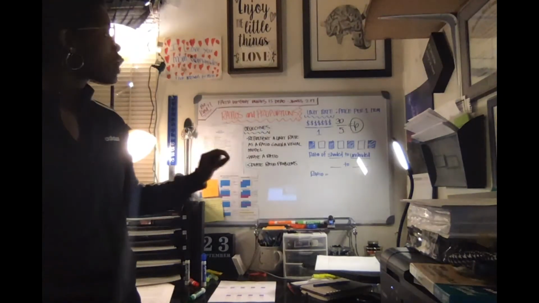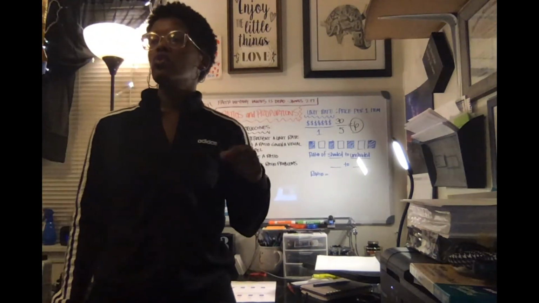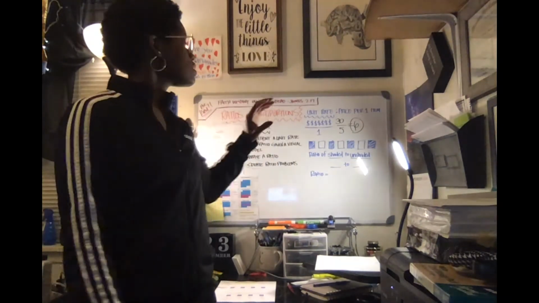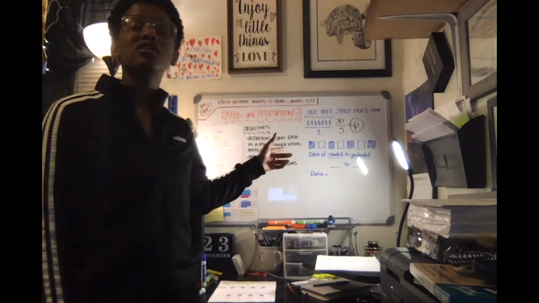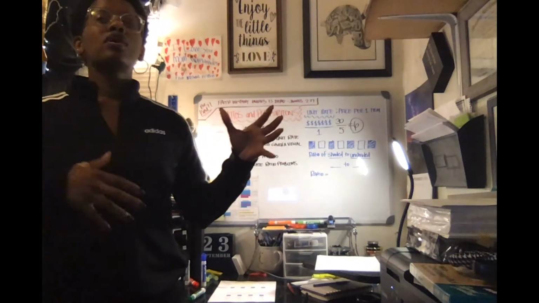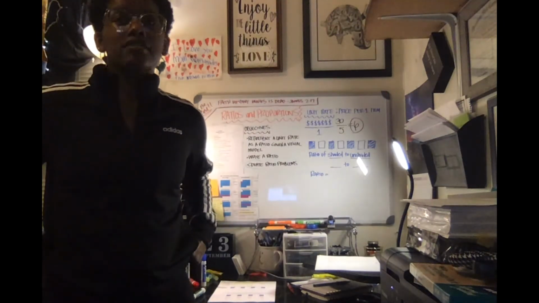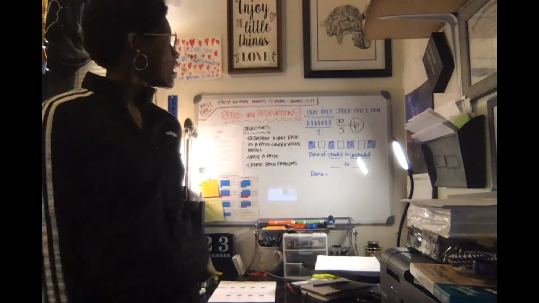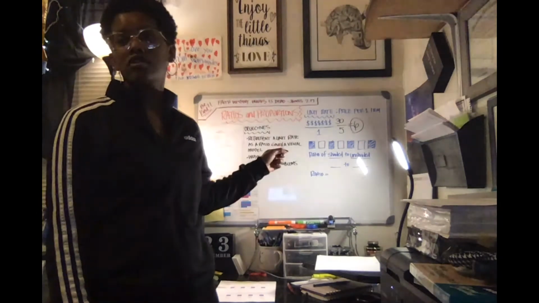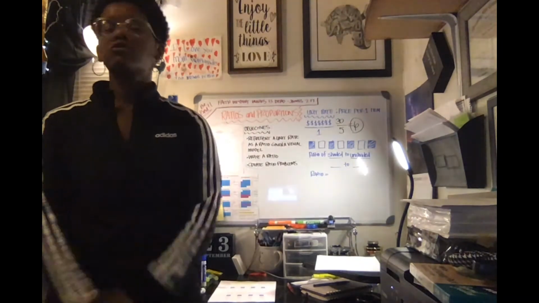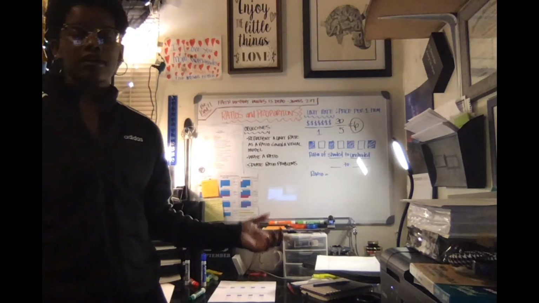The ratio I want us to figure out is the number of shaded squares to the number of unshaded squares. Would anybody like to volunteer and answer? Just write the numbers in and fill in the blank.